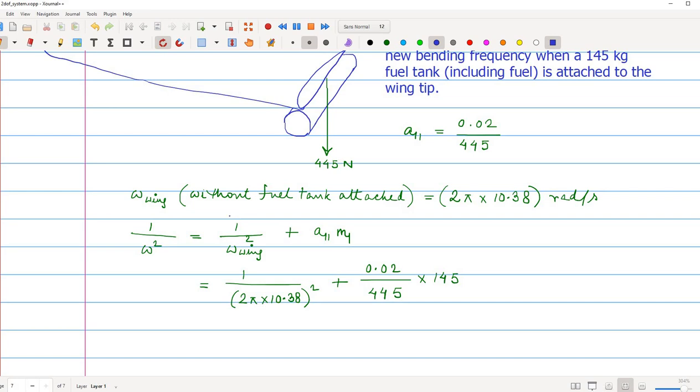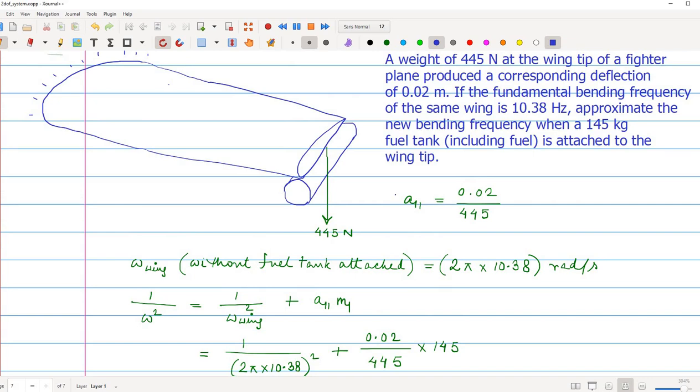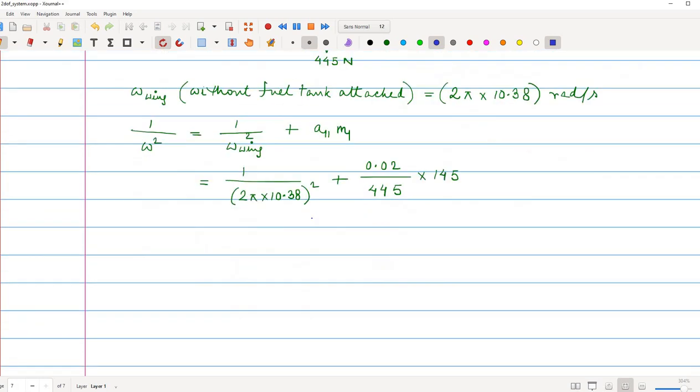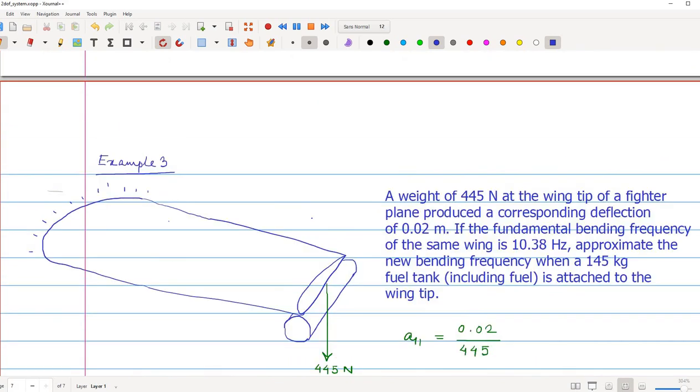That means here you are not putting the mass of the fuel tank, and that is given. What is the frequency? 10.38 Hz. And here you are not considering the mass of the wing, but the mass of the fuel tank. And if you sum these two terms up, then what you get is the natural frequency with both the mass of the wing and the fuel tank. So this is Dunkerley's method. So let us stop here.